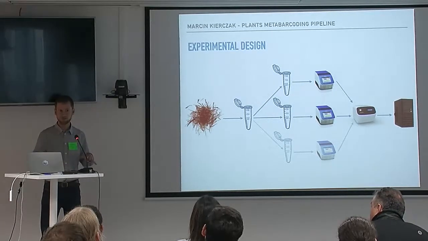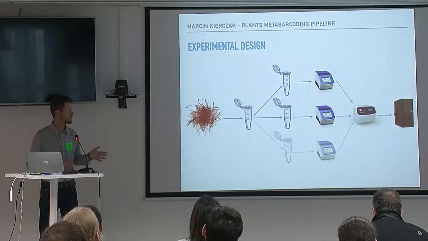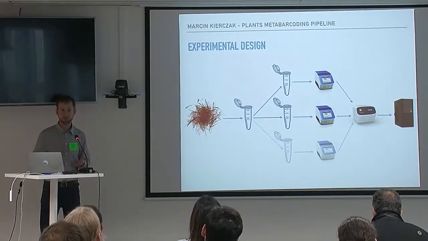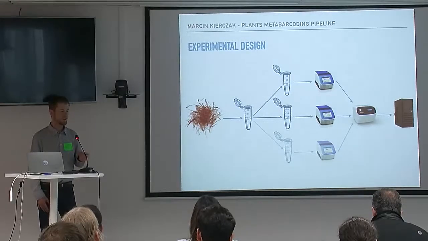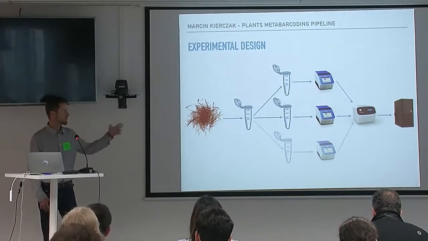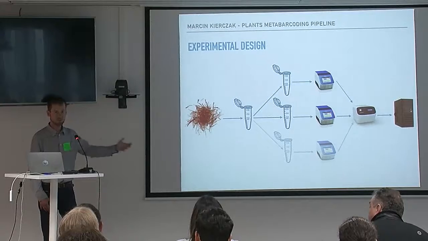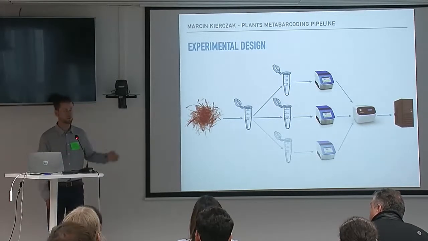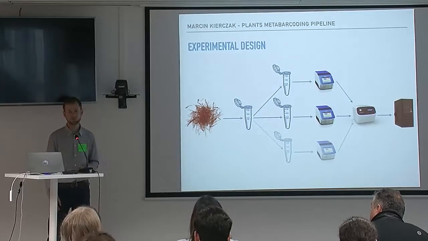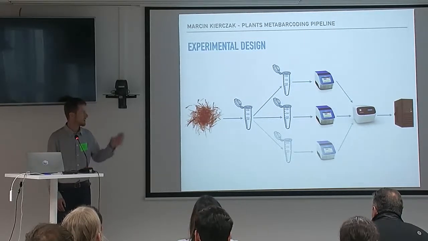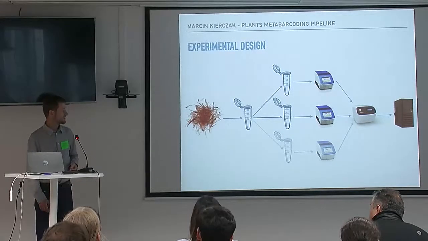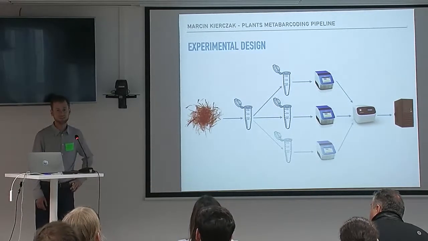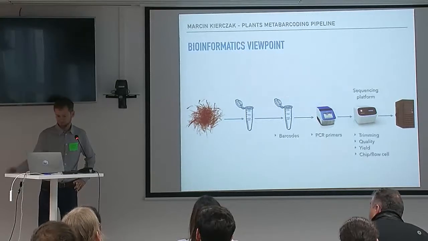I will stick to Ion Torrent sequencing here as an example, but the whole pipeline is modular, and the modules are interchangeable, so if you change your sequencing platform, you can easily change the module in the pipeline, and I know from Ion Torrent you can go to analyzing Illumina. Then I will focus on this small server, what is happening inside and how the pipeline has been implemented.